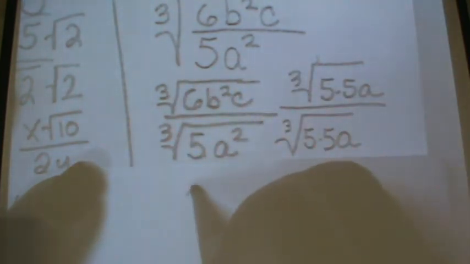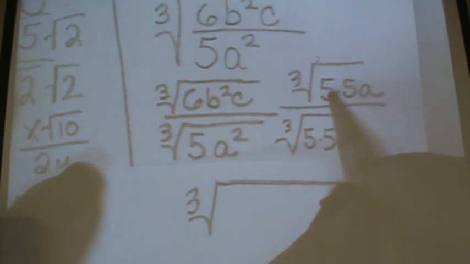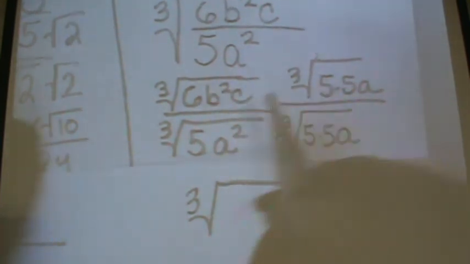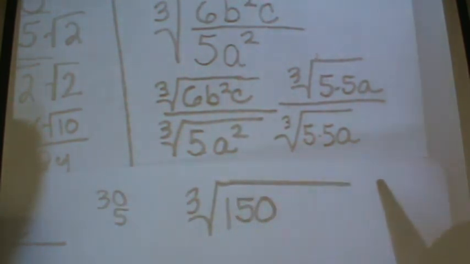So, what's the index in the numerator? Cube root. What is my coefficient? What's 5 times 5? 25, or you could do 6 times 5 is 30. 30 times 5 is 150. Now alphabetize these letters.